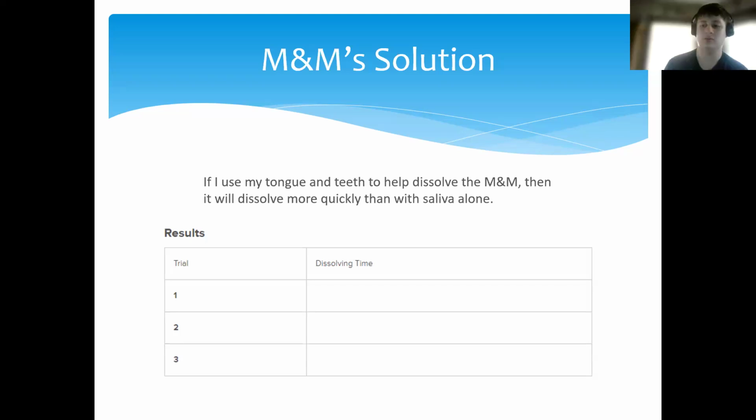I just had a question about this. Isn't there a variable of, first of all, maybe genetics of some kind, like how much saliva you produce, or how much saliva is in your mouth at a time? Isn't that a variable? It is a variable. That's one of the reasons we want to use the same person for both.